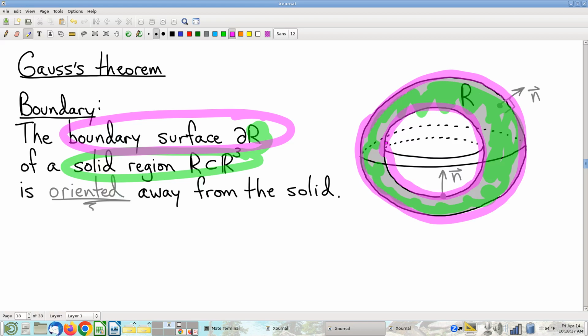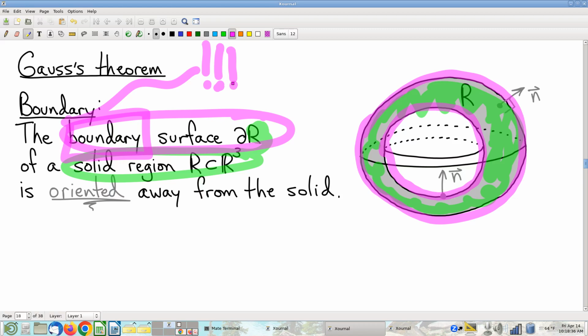If I want to talk about flux through that boundary surface, I need more than just a surface. I need an oriented surface. And so this word right here, boundary, needs to have a natural, default, assumed orientation.